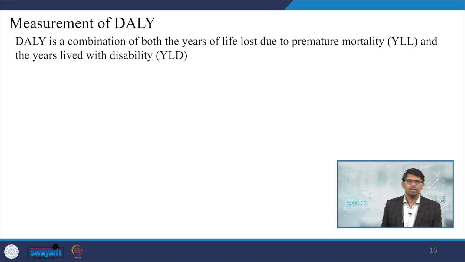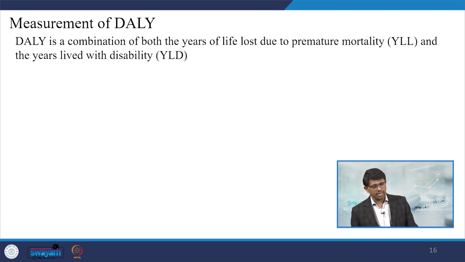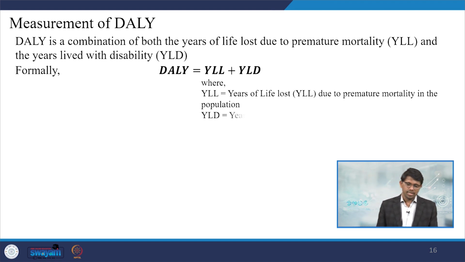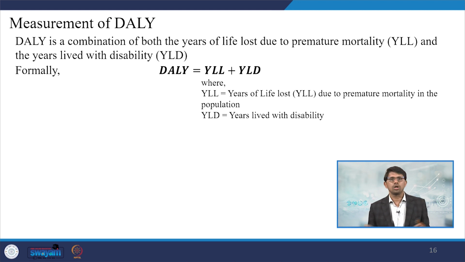Measurement of DALY is presented here. It is a combination of years of life lost due to premature mortality, called YLL, and years lived with disability, YLD. It is just the sum of YLL and YLD.